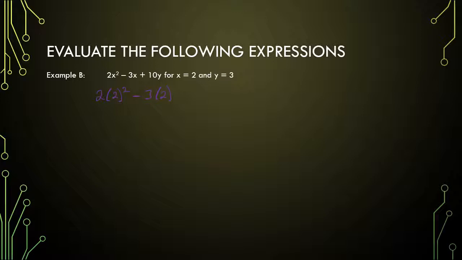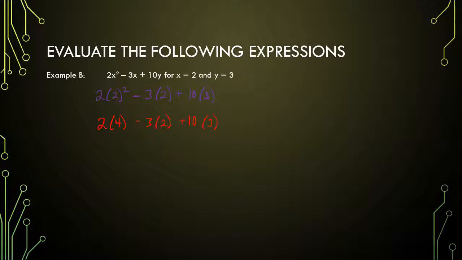Then we're going to replace 3 for y and change this to plus 10 times 3. Now we need to follow PEMDAS. Exponents will create 2 multiplied by 4 minus 3 times 2 plus 10 times 3.